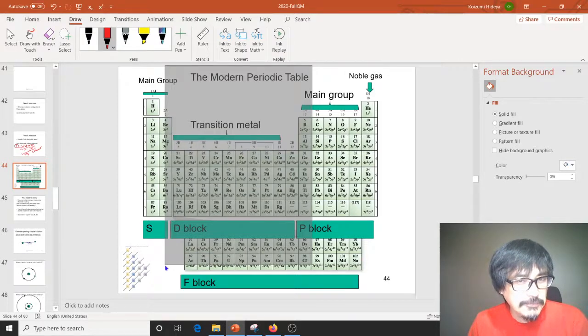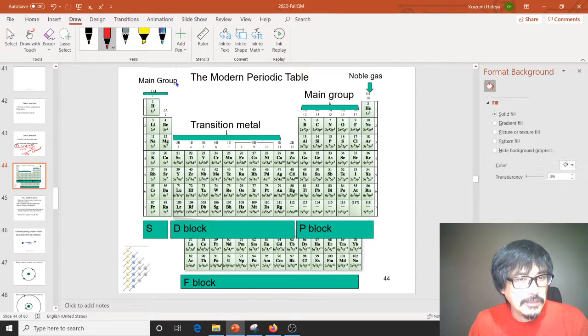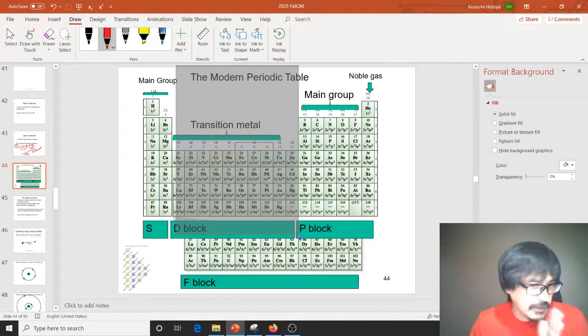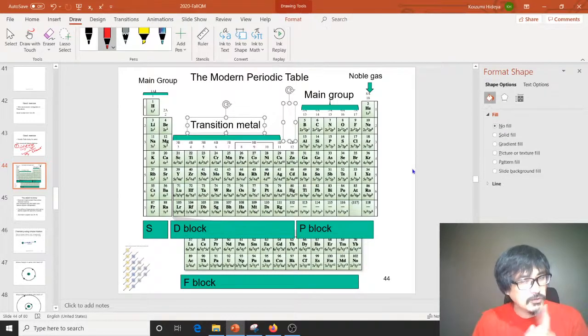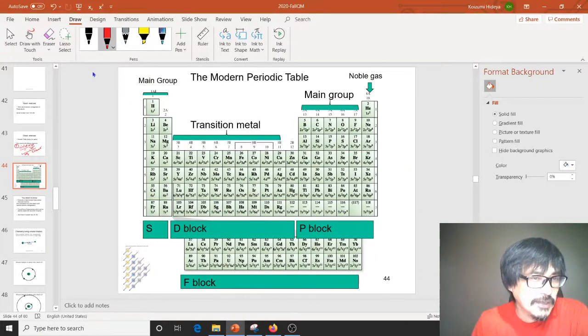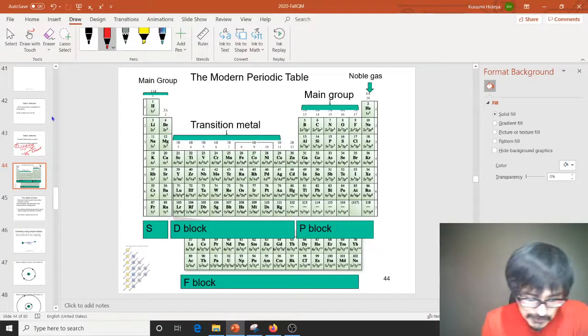Starting from here to here, there are 10 columns. So 2 and 6 and 10. Does it sound somewhat familiar? Let's see the correlations here.